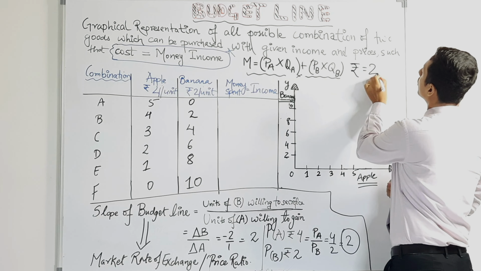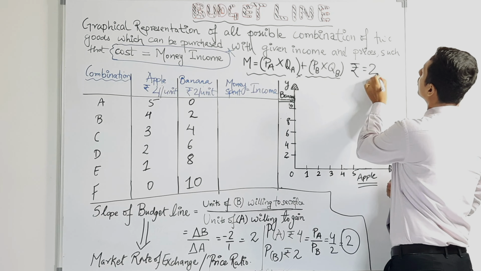In reality, we save, we invest, but when we are dealing with this, we have taken the assumption that we entirely spend our income on the two goods, on different combinations of two goods, whatever is possible with a given income. Okay, so hypothetically we are taking 20 rupees as our income, price of apple as 4, banana as 2. Now what are combinations of each good is possible to buy?